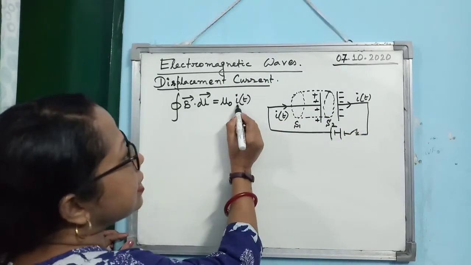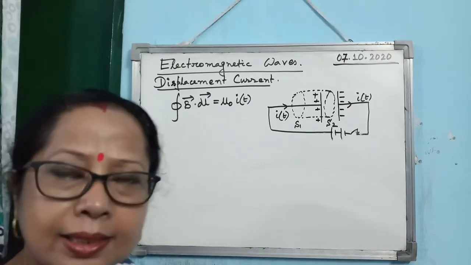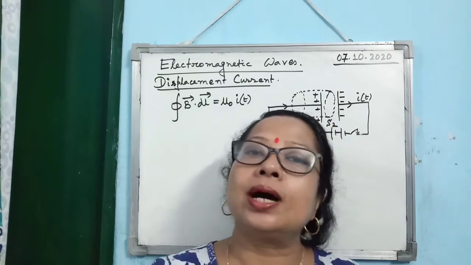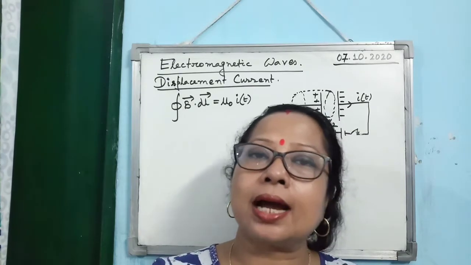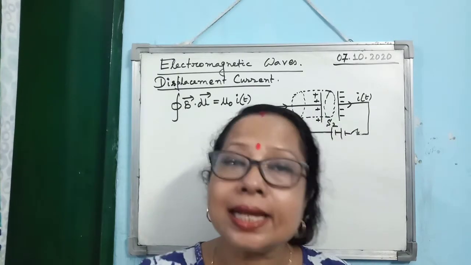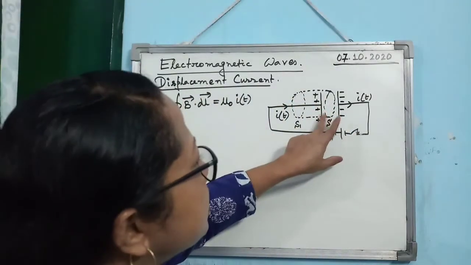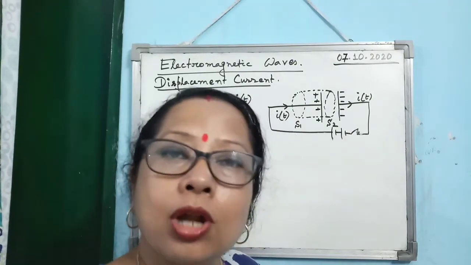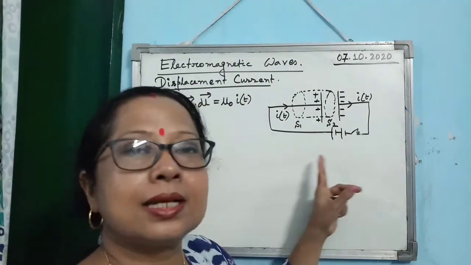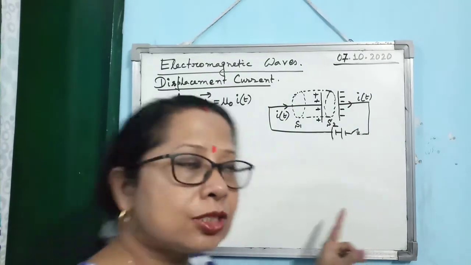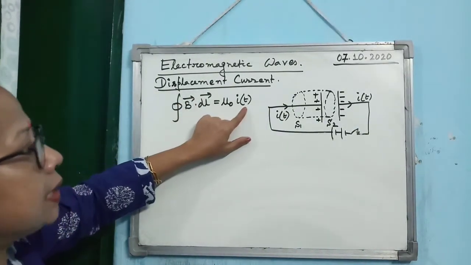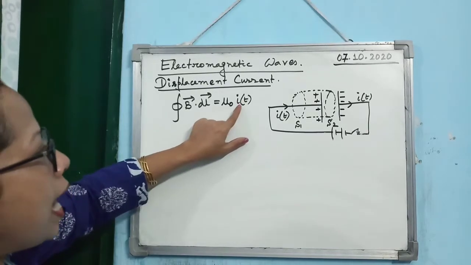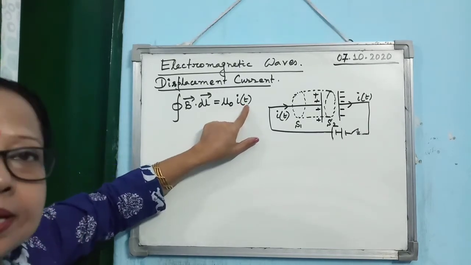But the current is a function of time, isn't it? Why? Because at the beginning the current was 0. Slowly the current rises, and when the capacitor becomes fully charged, then no longer will current flow in the circuit. That's why in Ampere's circuital law, I have written mu 0 I as a function of time t.